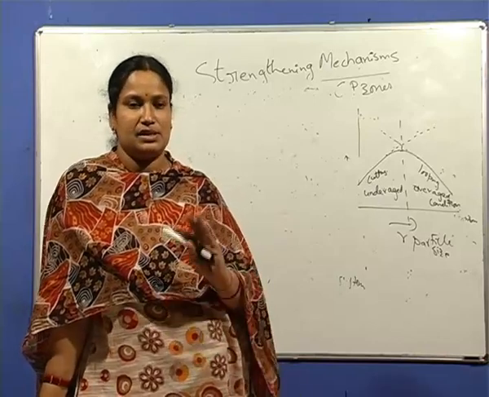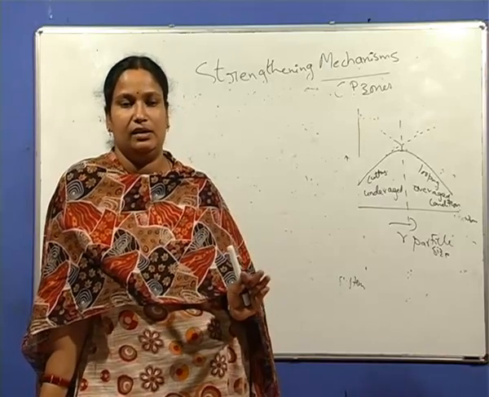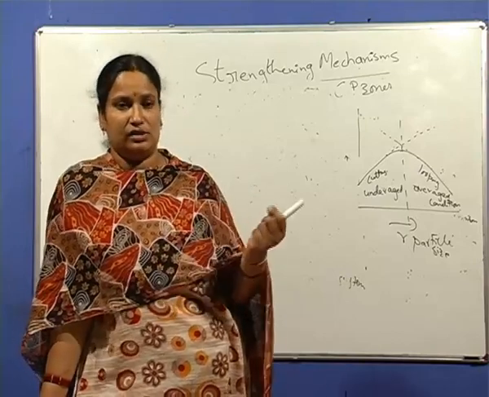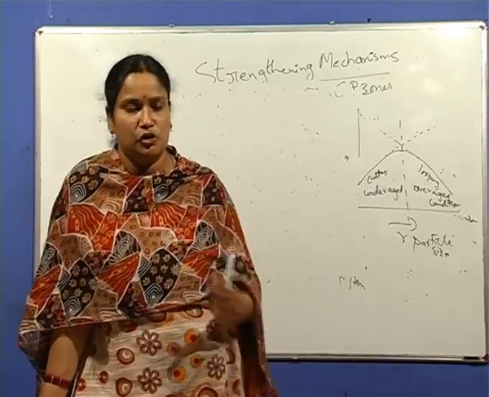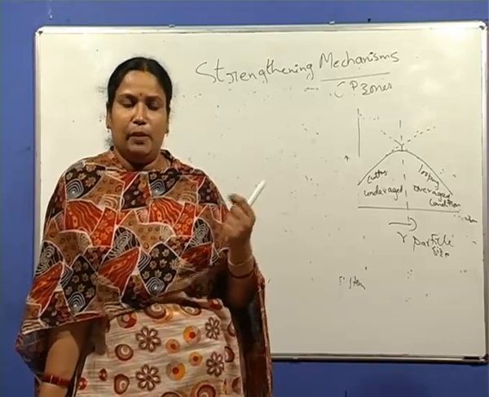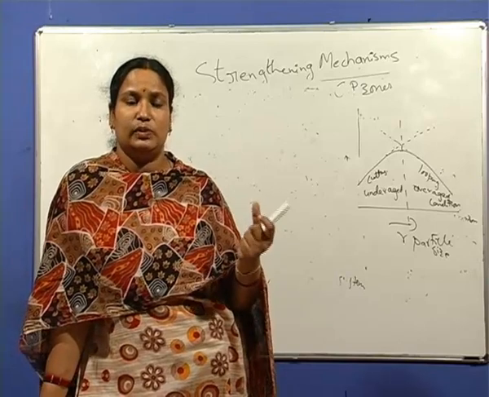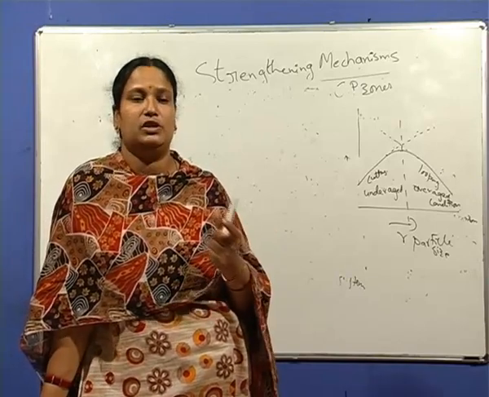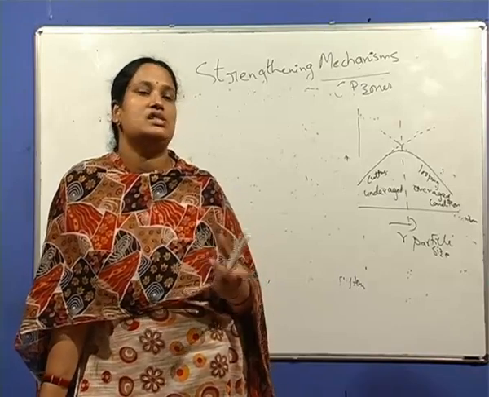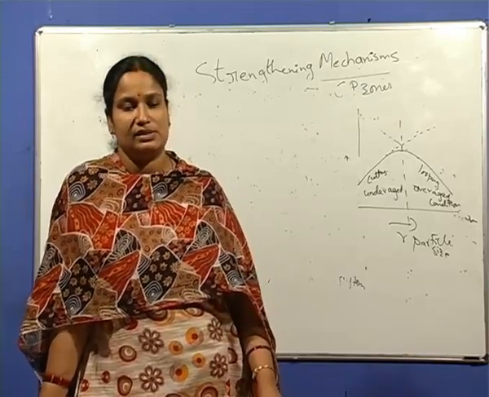The matrix is continuous, soft and ductile, whereas these fibers are of very high strength and have very high modulus. The fibers are incorporated in the matrix mainly to increase the strength of the material. Very high strength and high strength to weight ratio is achieved for this type of materials.